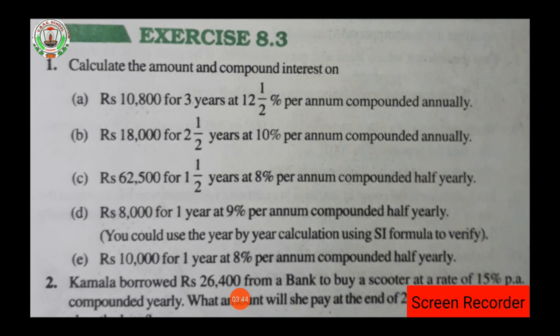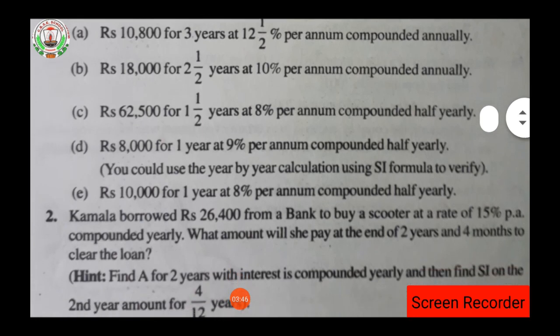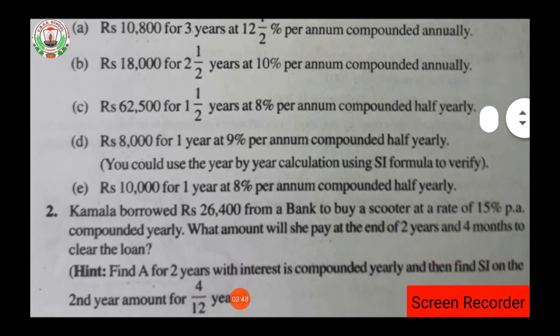Now what does question number 2 say? Kamla borrowed rupees 26,400. Borrowed means it will be the principal. So the principal is 26,400 from a bank to buy a scooter at the rate of 15% per annum. Here the rate is 15% per annum.